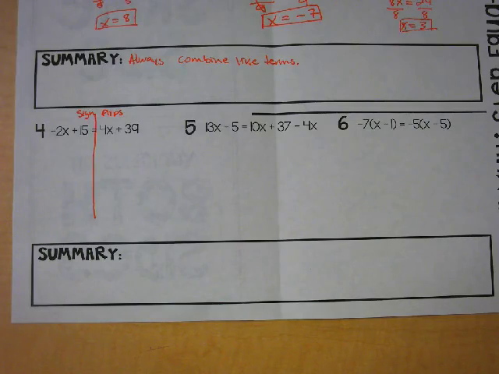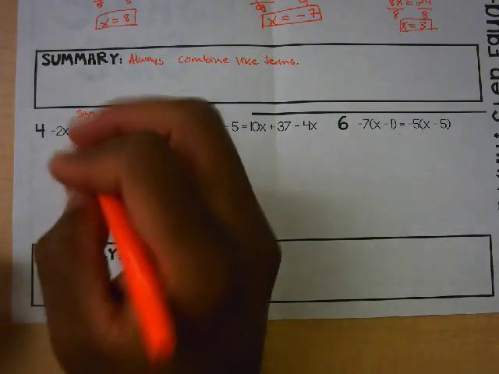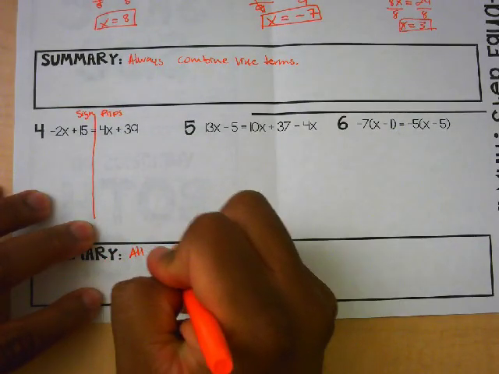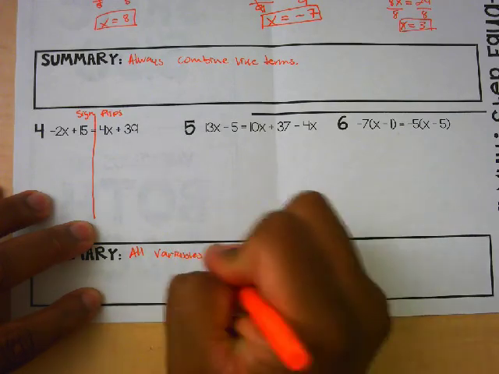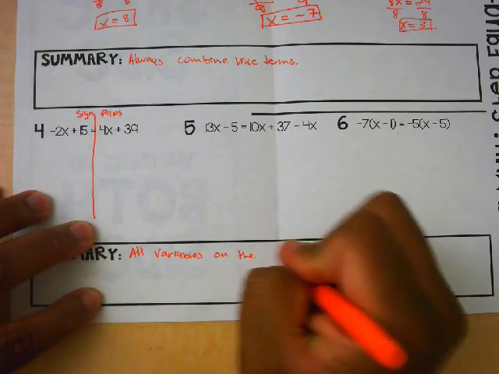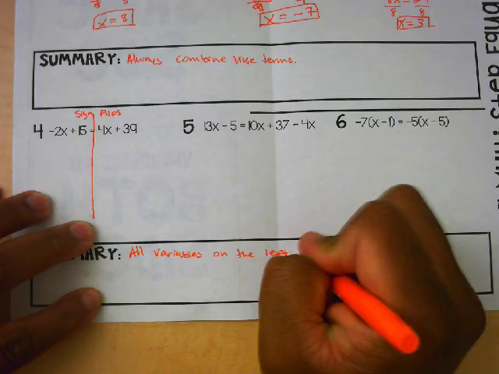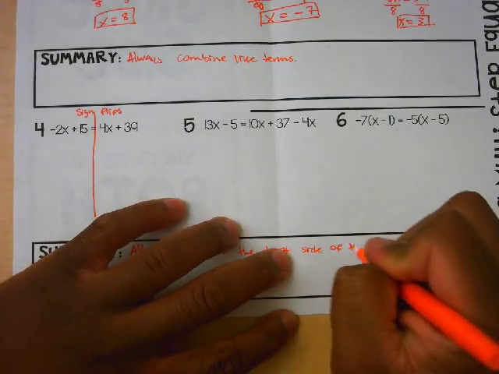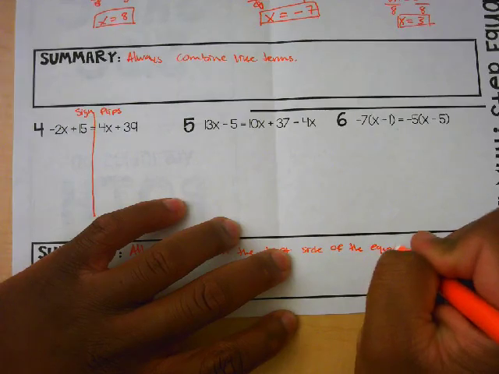And that's important. So the way I like to think of it is we get all of the x's, all of the variables, to the left. Okay, so you want to put all variables on the left side of the equation.